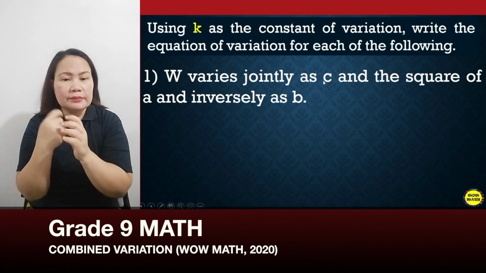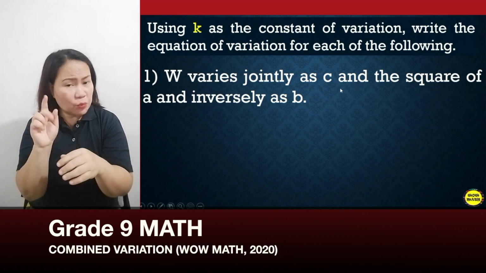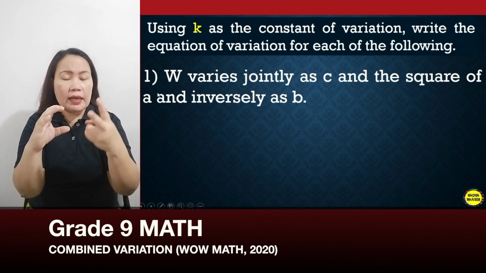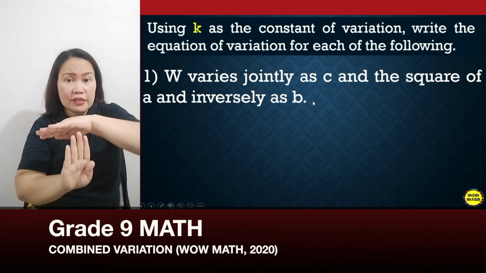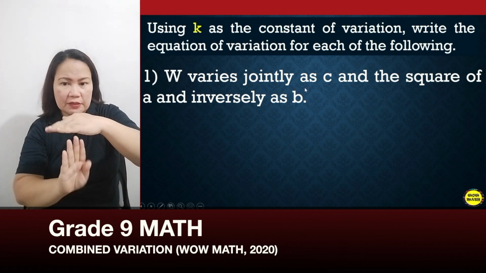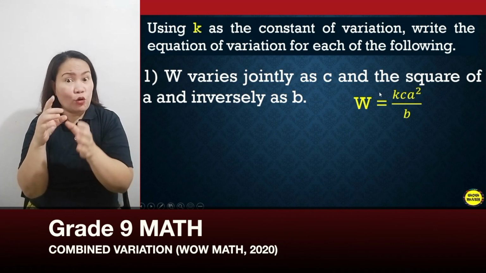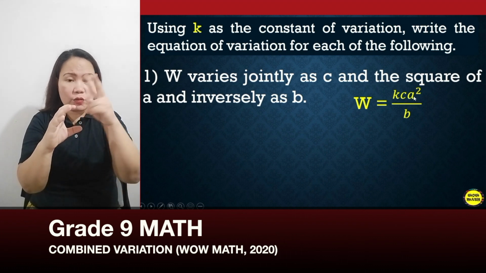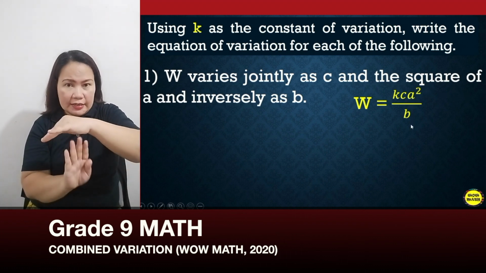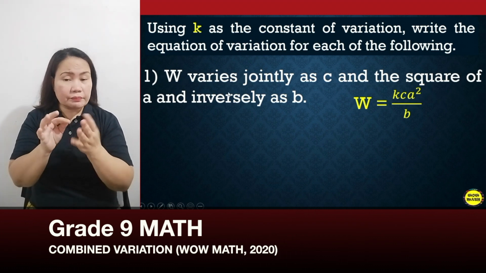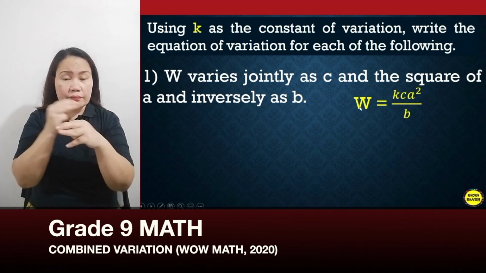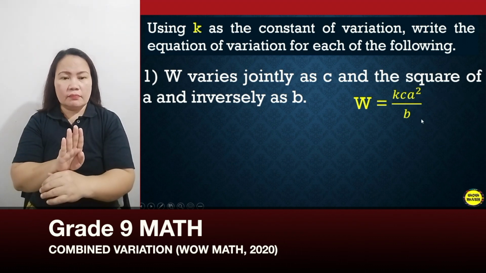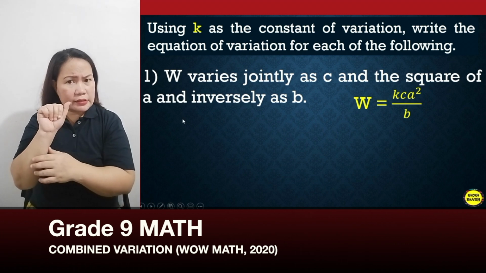So what goes with C? We have a connector here, and the square of A, so this is A squared, and inversely as B. So W equals K, the constant of variation, C A squared over B. Again, when we translate this into an equation of variation, it is W equals K C A squared over B. Why A squared? Because that is the square of A.